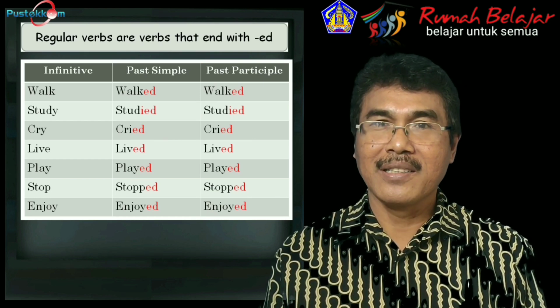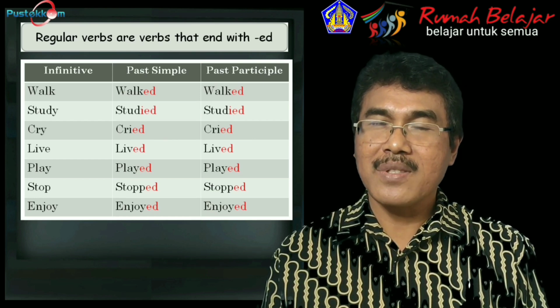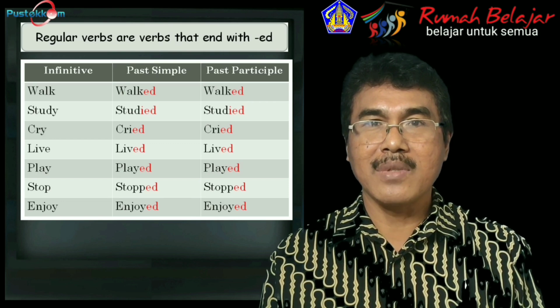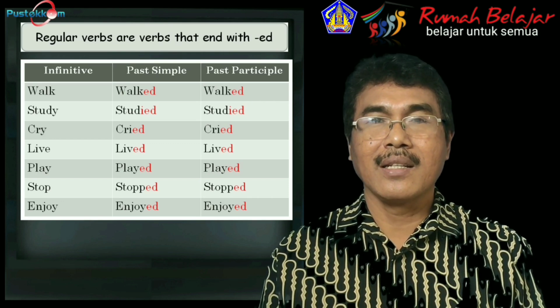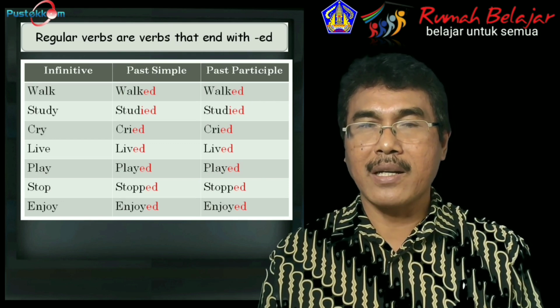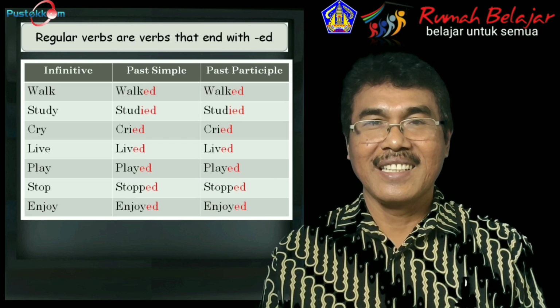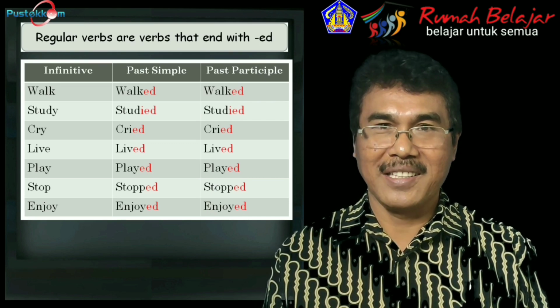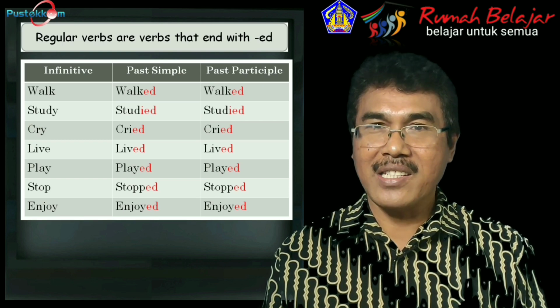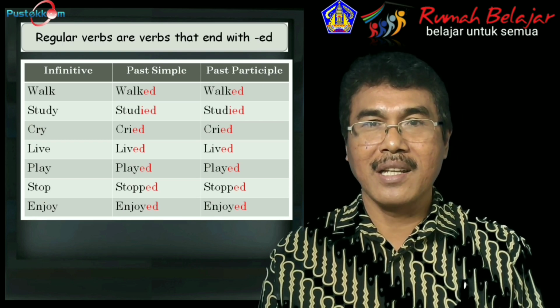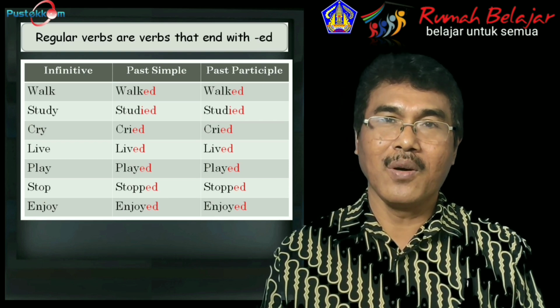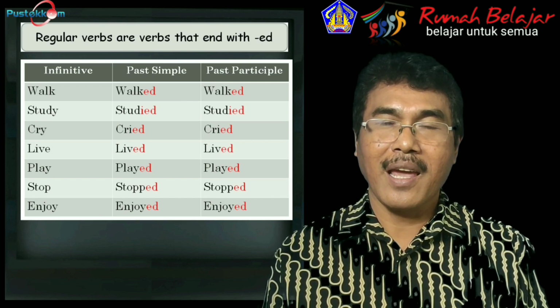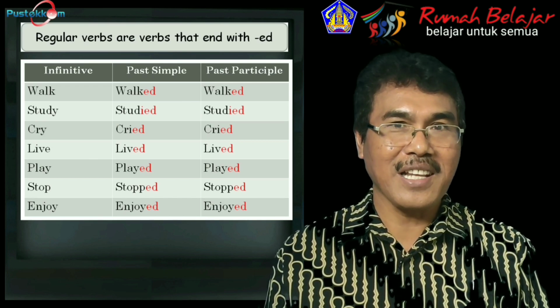The other example, infinitive study becomes studied for past, studied for past participle. The next example, cry becomes cried for past and cried for past participle. And the other example.